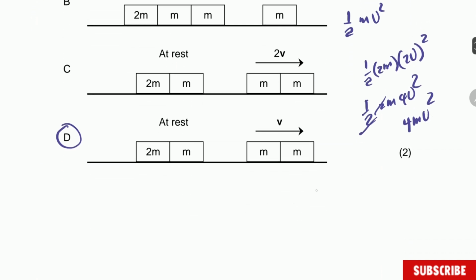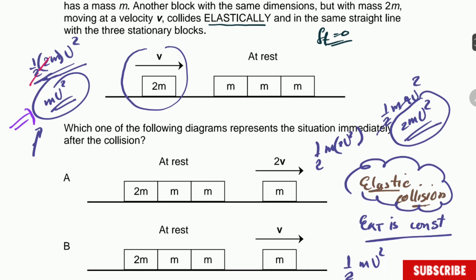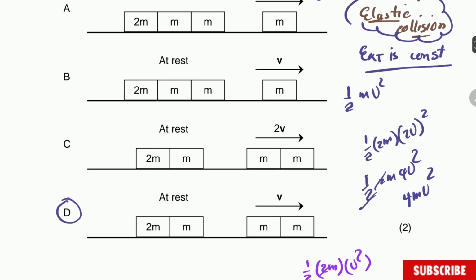Not good. And now if you go to the last one, D, then you have half 2m v squared. The 2 simplifies with the 2, you have mv squared. That is what you have at the end, but at the beginning it was also mv squared. There it is, guys, mv squared. So the correct answer is D.